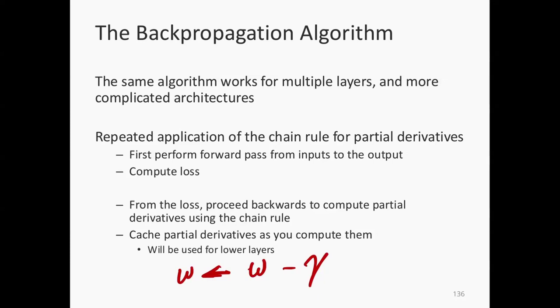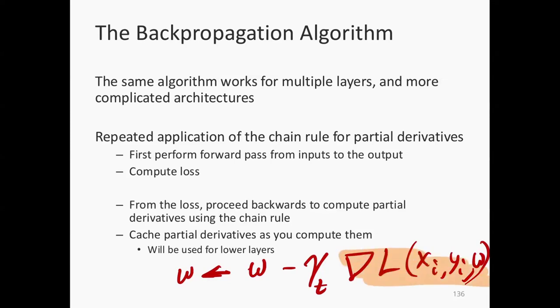So I'll call it gamma t if it helps, times the gradient of the loss for this particular example. And if we can do this, then we can learn the weights for any neural network. The only problem is, how do we compute this gradient?